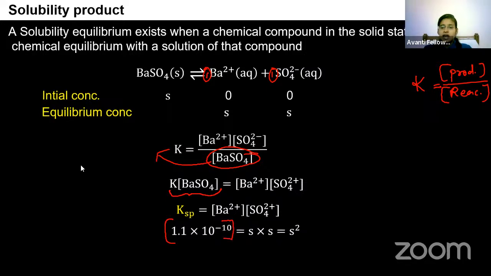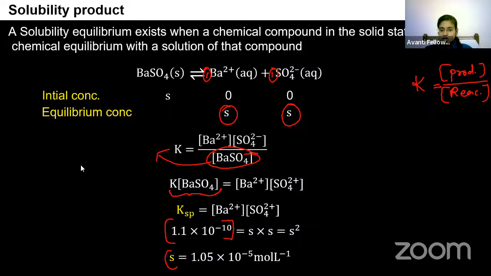We know the equilibrium concentration for Ba2+ ion is S and SO4 2- ion is also S, so S into S is S squared. So 1.1 x 10^-10 is equal to S squared, and if I take the square root, I will get S equal to 1.05 x 10^-5 mole per liter.